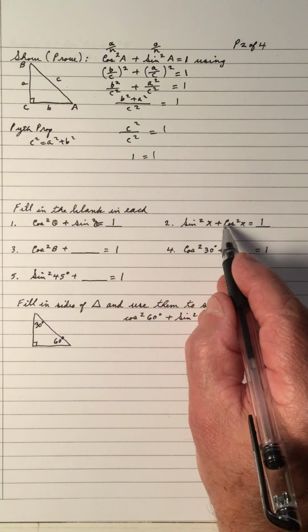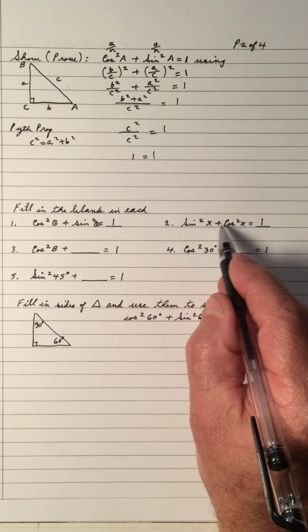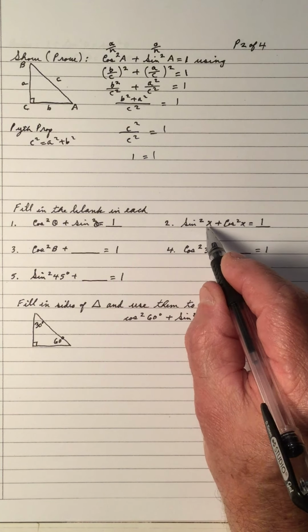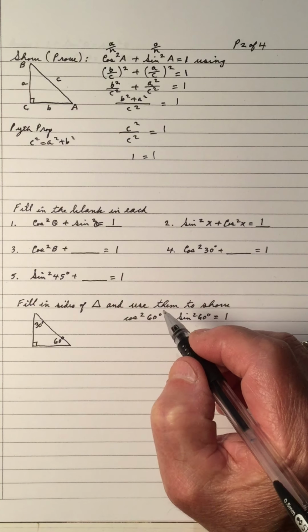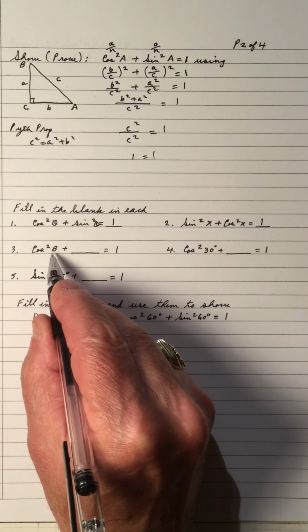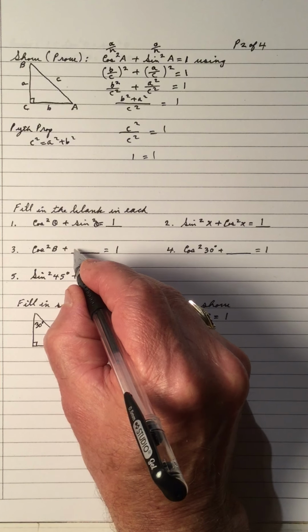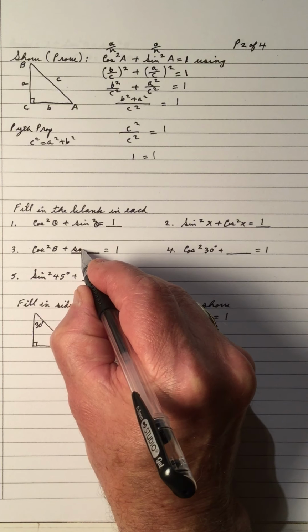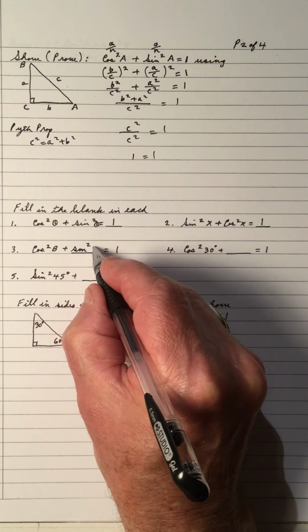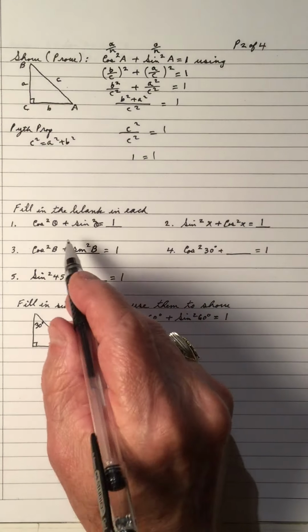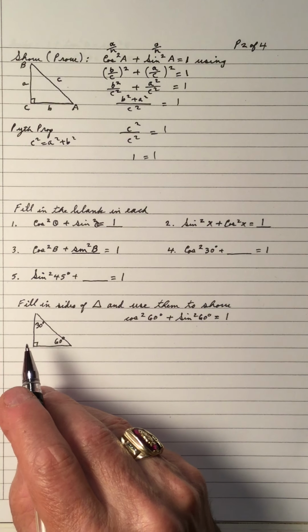It doesn't make any difference if you put the cos first or the sine first, as long as you have the square on each with the same angle. Number 3, cos squared b plus blank equals 1. So this is a sine squared, but it has to be the same angle b. Cos squared b plus sine squared b is 1.